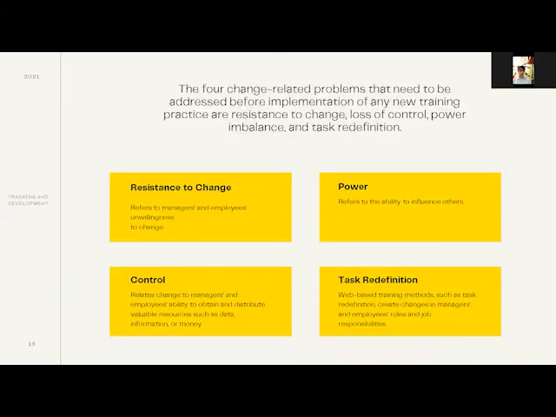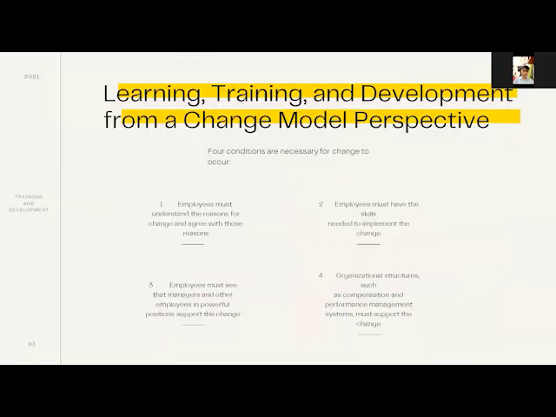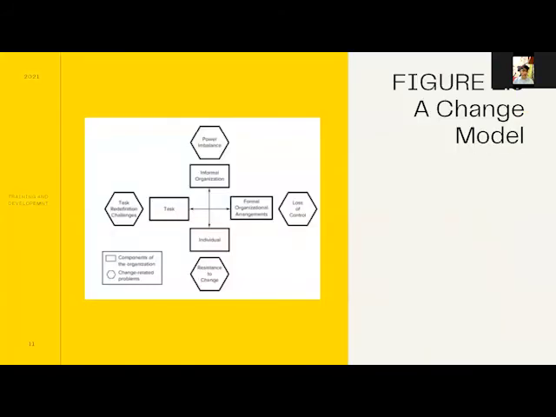So that's 4 change-related problems that need to be addressed before implementation of new training practice: resistance to change, loss of control, power imbalance, and task definition. So we can see here a change model, this figure. You can see there square, rectangle.